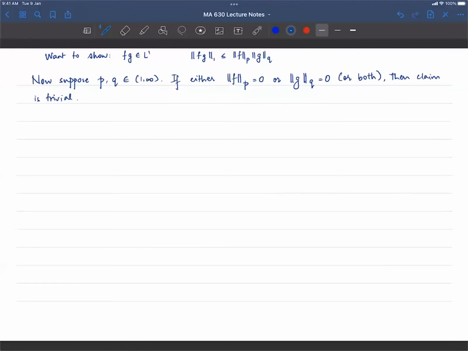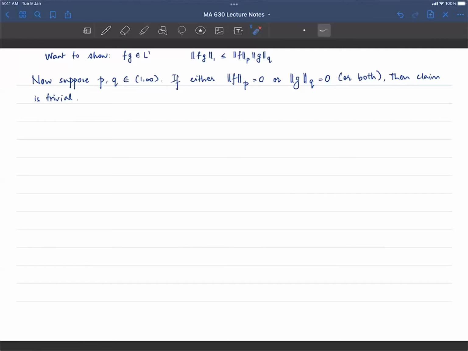All right, so let's think about this for a second. Suppose the P norm of F is 0. That means F has to be 0 almost everywhere. That means Fg is 0 almost everywhere. That means the norm of Fg is 0. And of course, that also means the right side is also 0. So if either the P norm of F is 0 or the Q norm of G is 0 or both are true, then the claim is trivial.